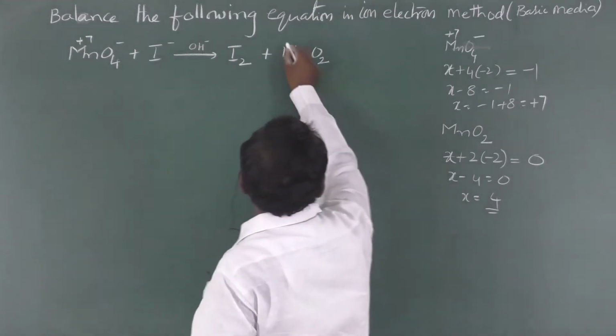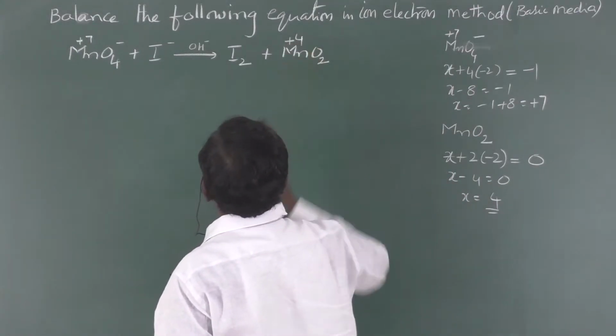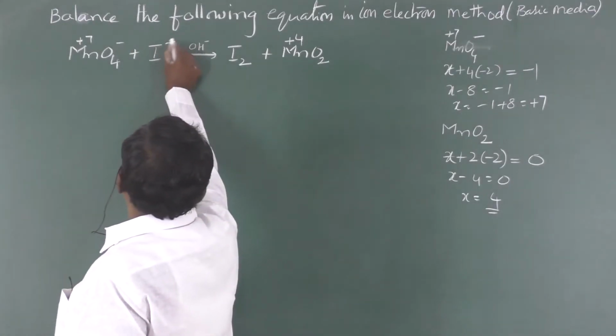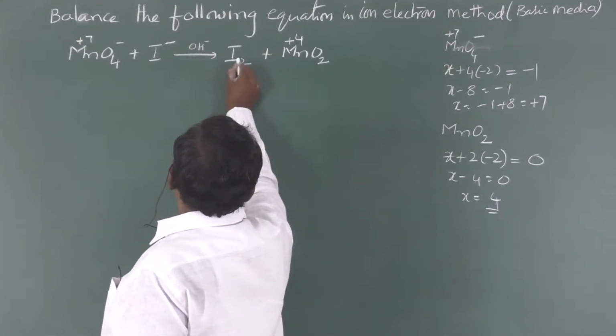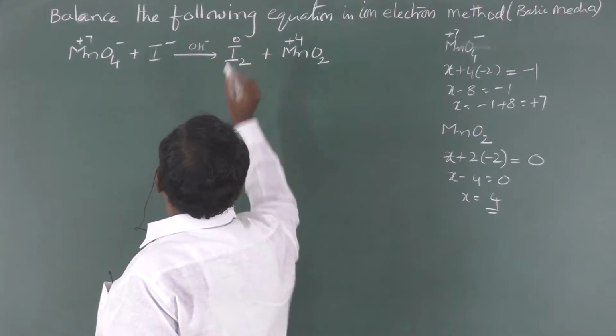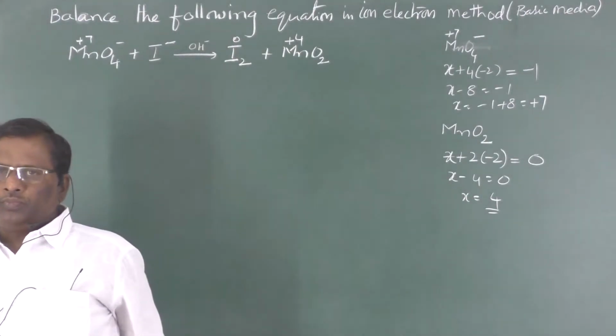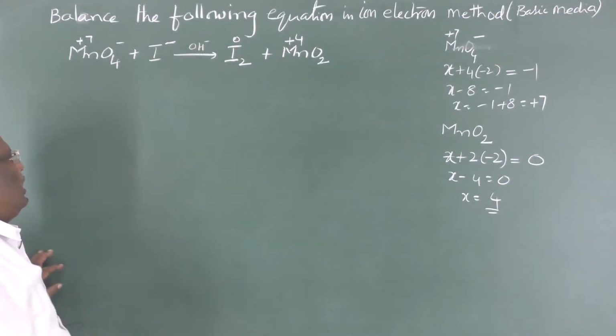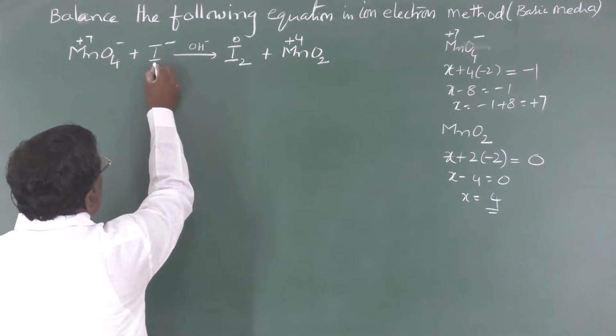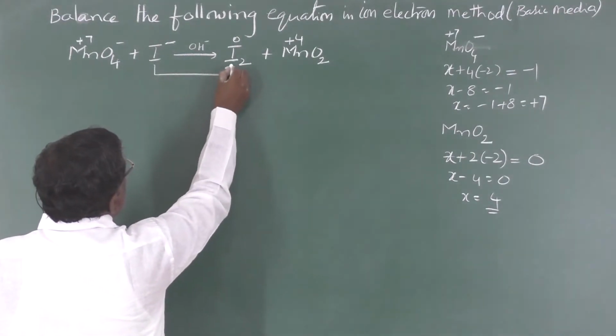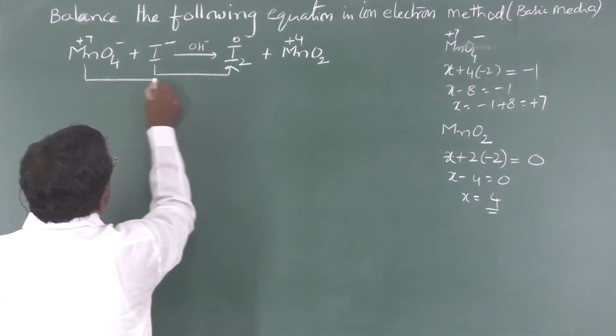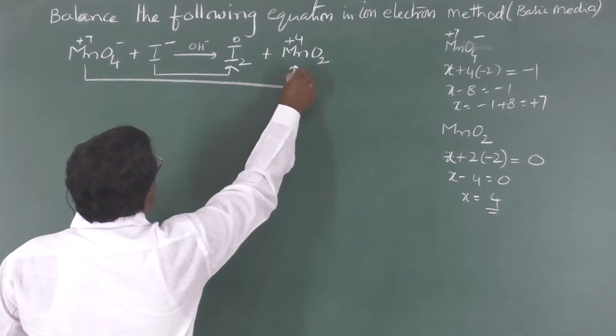So the manganese oxidation state is +4. In homoatomic molecules, oxidation state is considered to be 0. So now iodine is oxidized from -1 to 0, whereas manganese is reduced from +7 to +4.